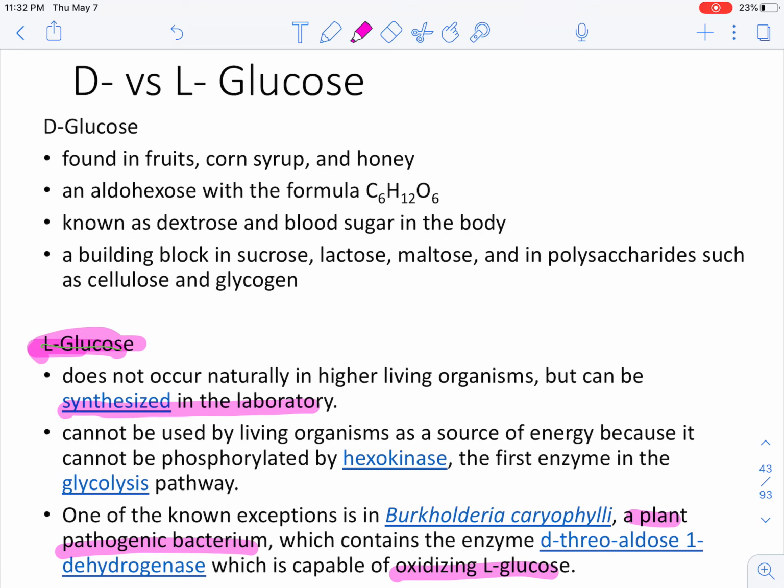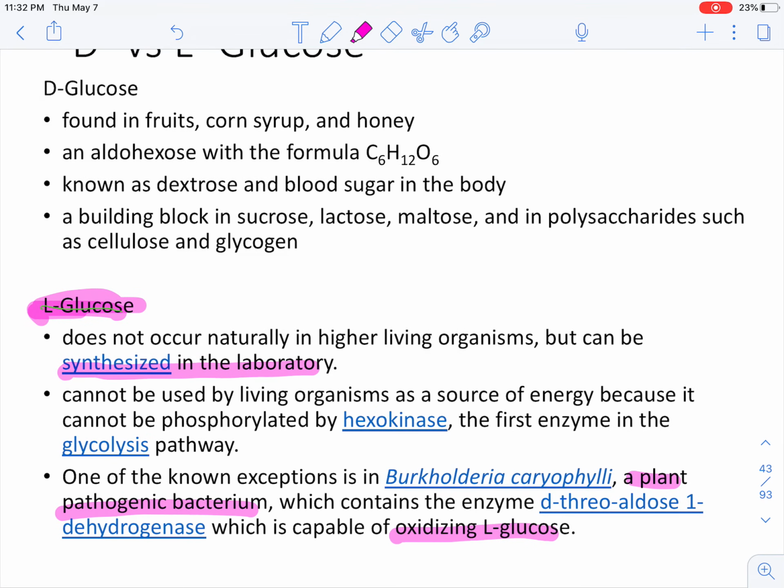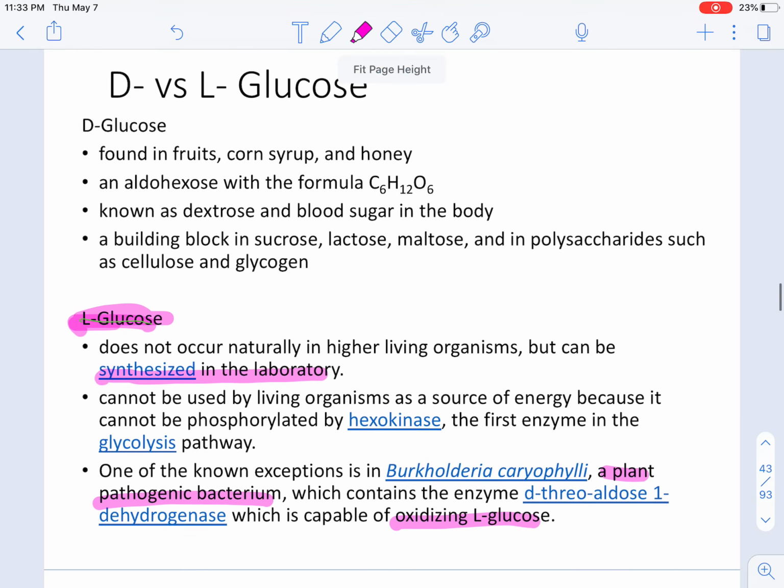I personally feel that they're the most adaptable organism. And so if you look at the evolution of man, we're pretty much stuck in what our enzymes are capable of recognizing. But with bacteria, here we can't even utilize L-glucose, but this bacteria can. And so these bacterial organisms are pretty interesting.